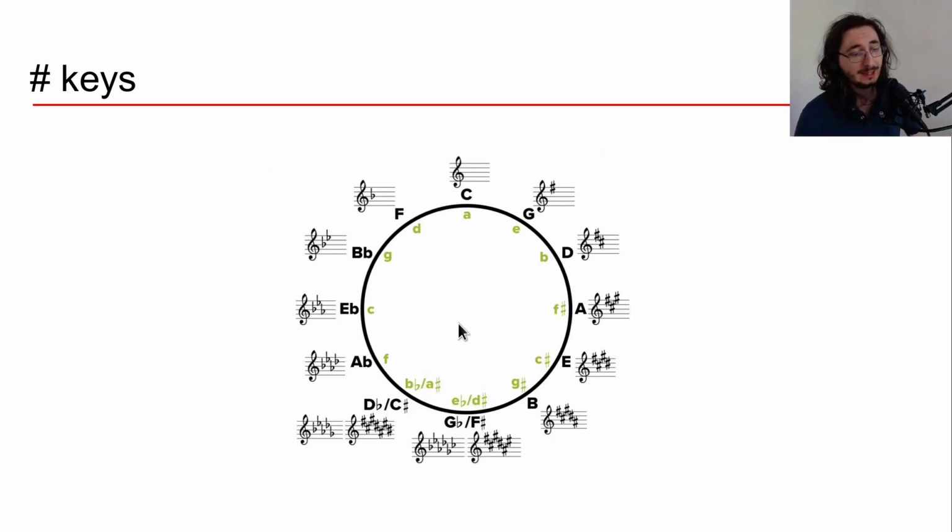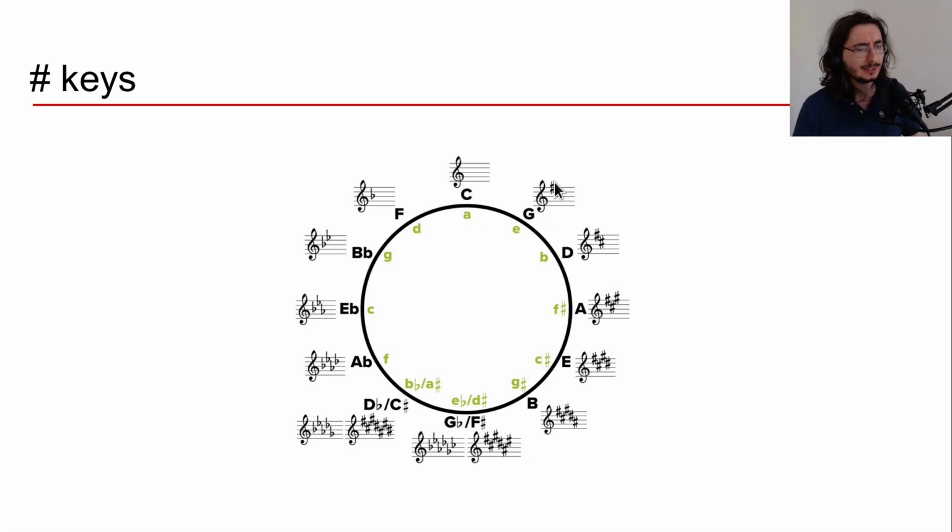Here we have all the 24 keys. For example, C major, A minor, G major, E minor. This is also another way of notating keys: you use uppercase letters for major keys and lowercase letters for minor keys, right?